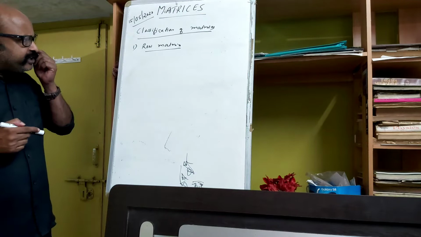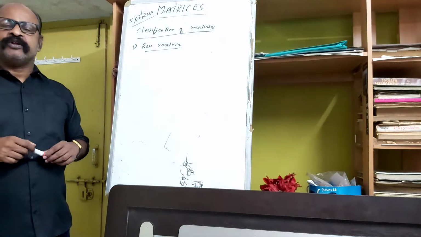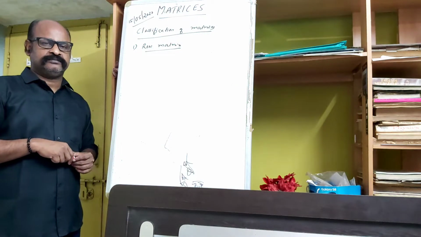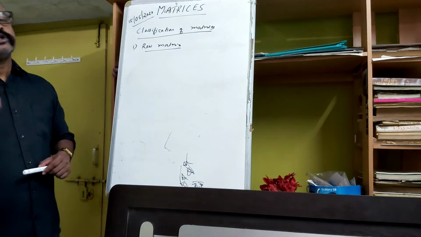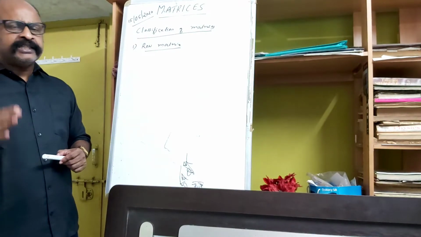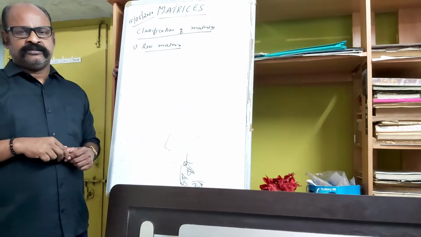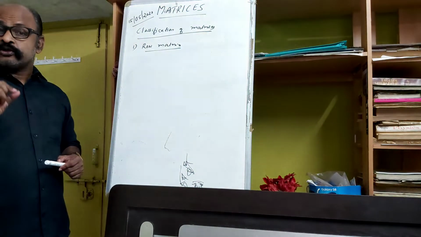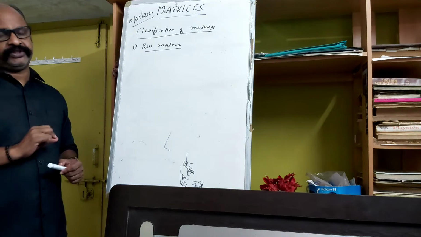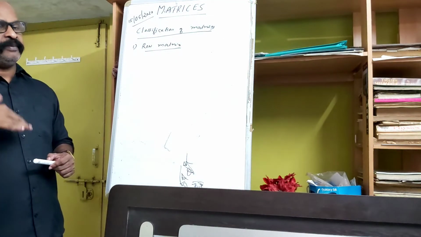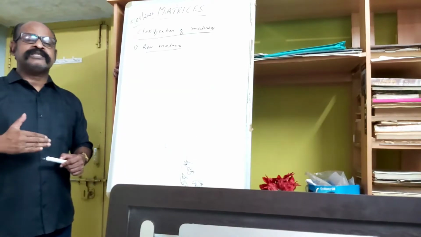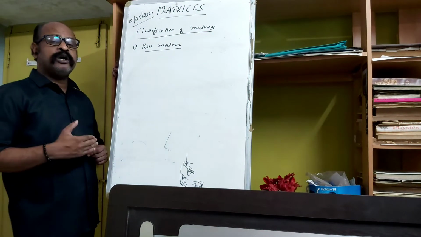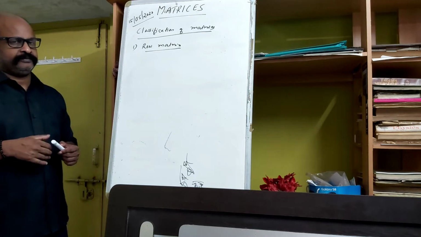The definition of the matrix is very clear from the name itself. What is the name of the matrix? Row matrix. In the definition of a matrix, we have seen that a matrix is made up of rows as well as columns. It means in a matrix, there is equal importance to the concept of row as well as column.